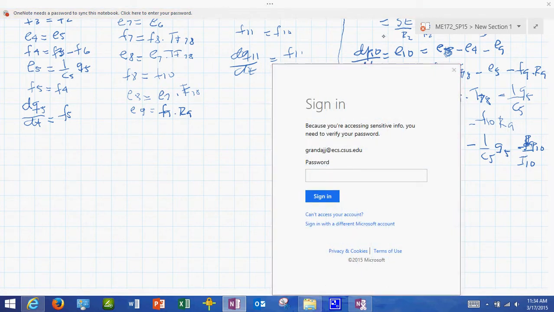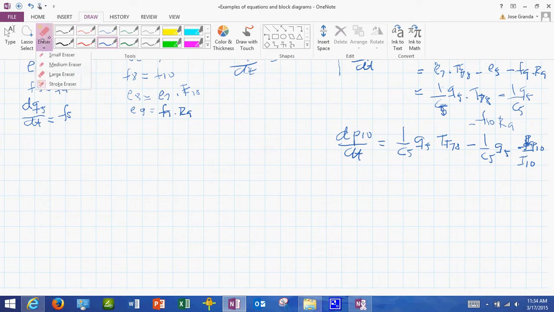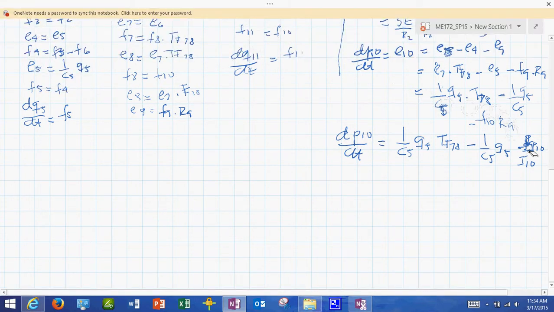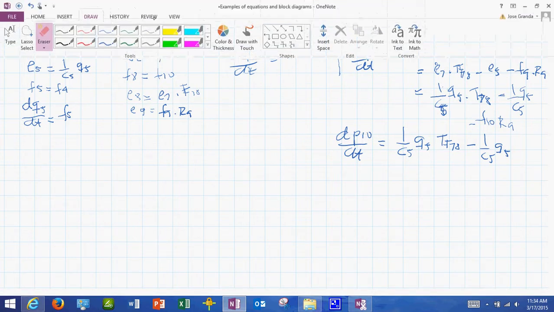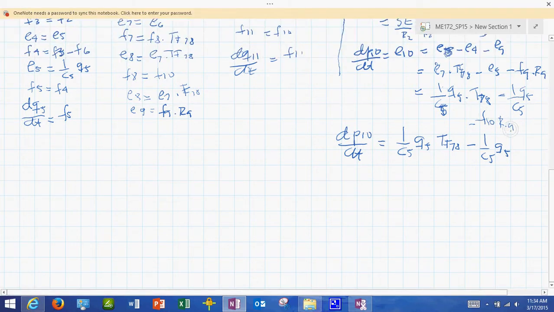I think we need to erase it here so it looks pretty. So this is minus 1 over I10 P10 and then times what? Times R9, right?